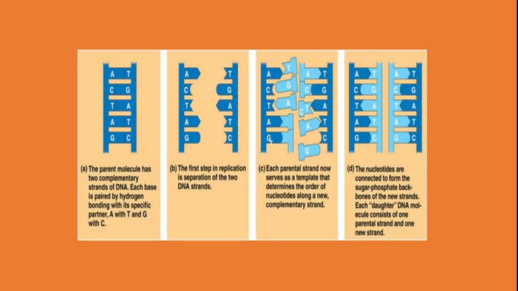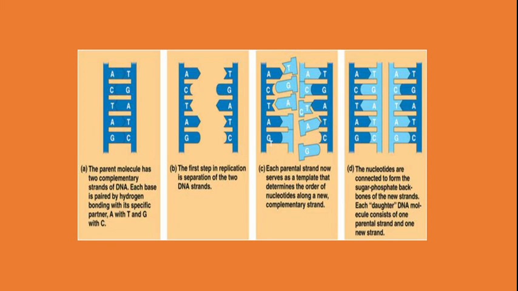Now, the parent molecule has two complementary strands of DNA. Each base is paired by hydrogen bonding with its specific partner, A with T or G with C. So the first step in replication is separation of those two DNA strands. We're breaking those weak hydrogen bonds that are holding our complementary base pairs together.